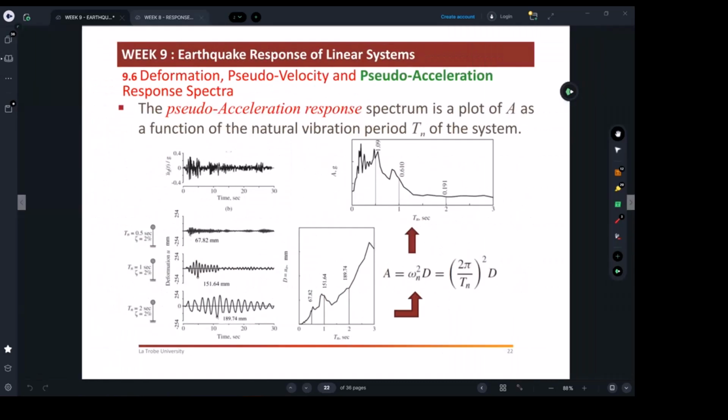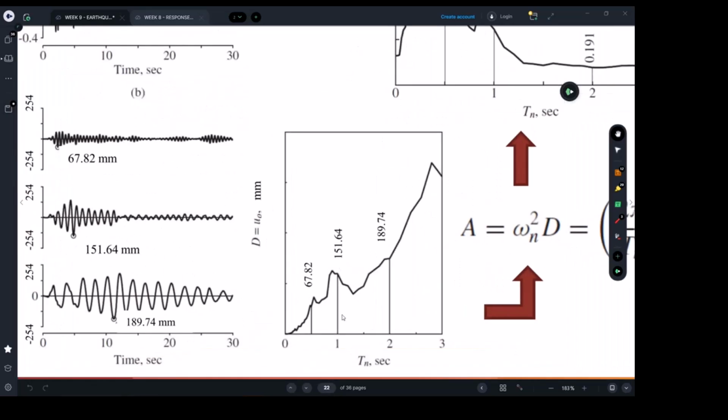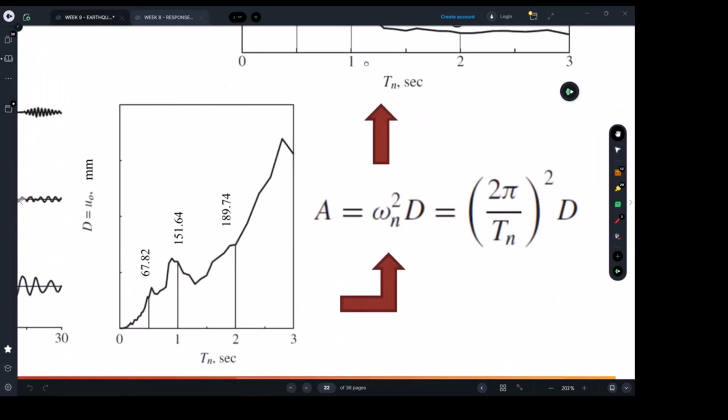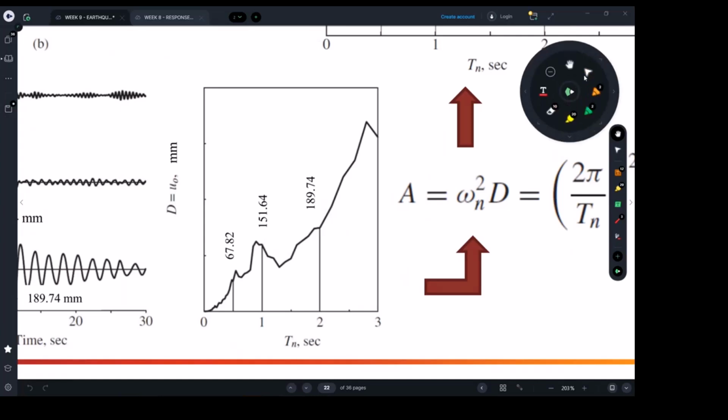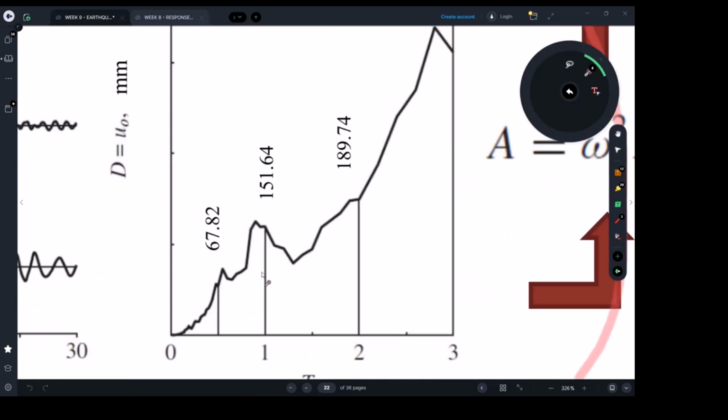So if you're not talking here, can someone explain to me what this is? Can you unmute and talk? What was this chart presenting?